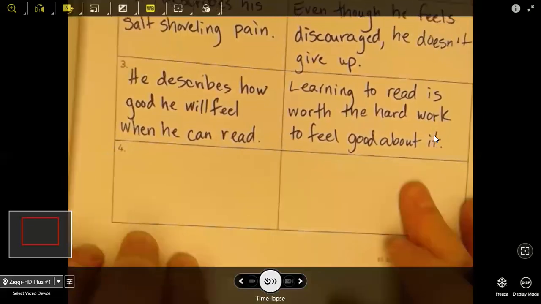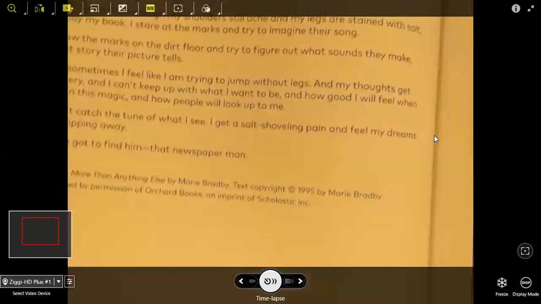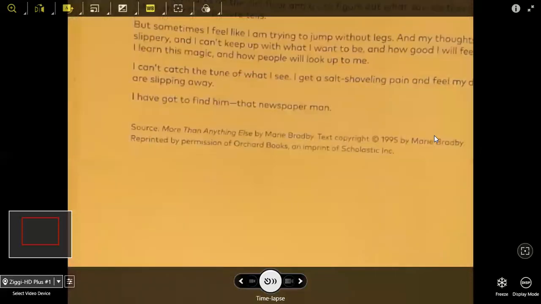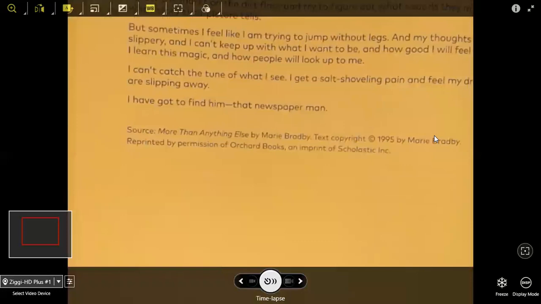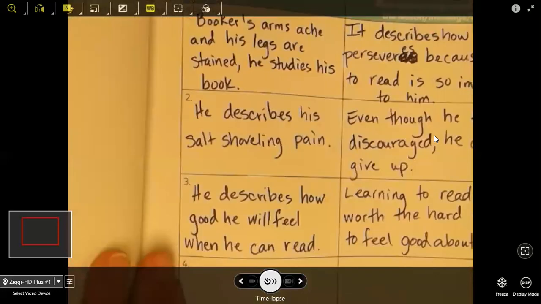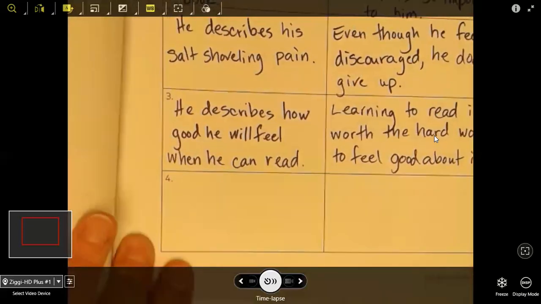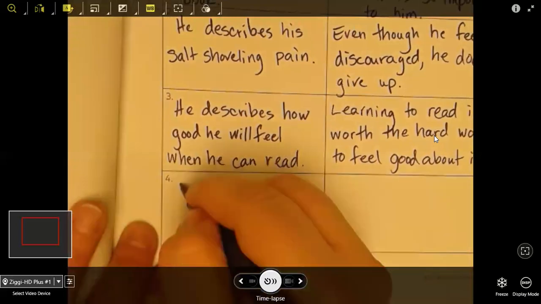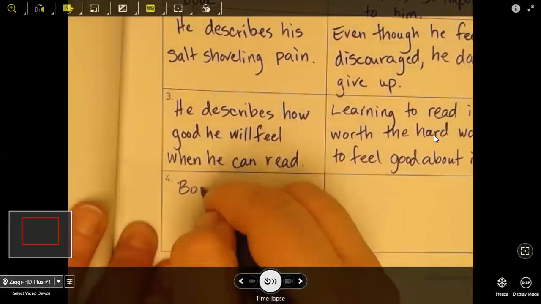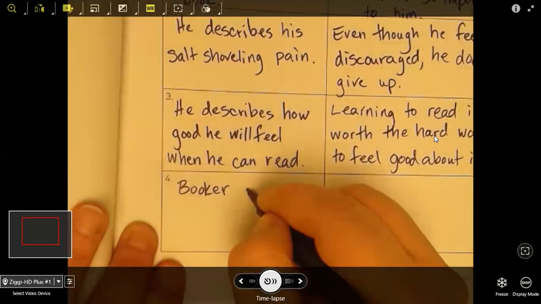So what detail on page 68 shows him asking for help? Josh, see. Yes, I have got to find him, that newspaper man. So he decides what he's got to do? He's got to find the newspaper man.